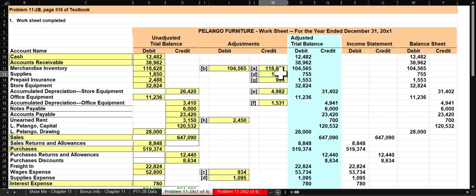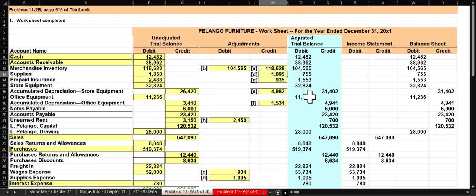So I decrease this 1850 by 1,095, and what I have remaining is what I haven't yet used, which is 755. So notice that my entry is not for 755 because 755 is what is still there and should remain. I want to record all the time what was actually used.